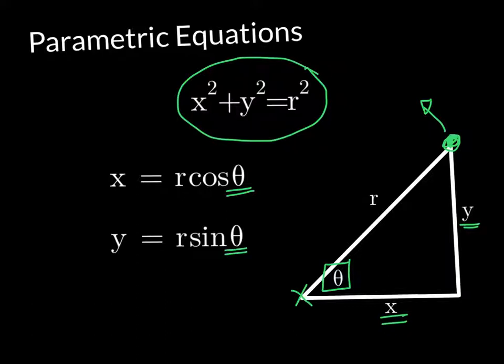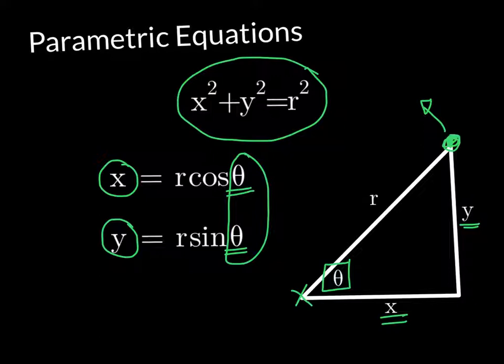So we now have these two variables, x and y, and we have a third variable, which is theta. Okay, so we can then find an expression, for example dy by dx, the differential of y with respect to x. So let's take a look at how we do that.